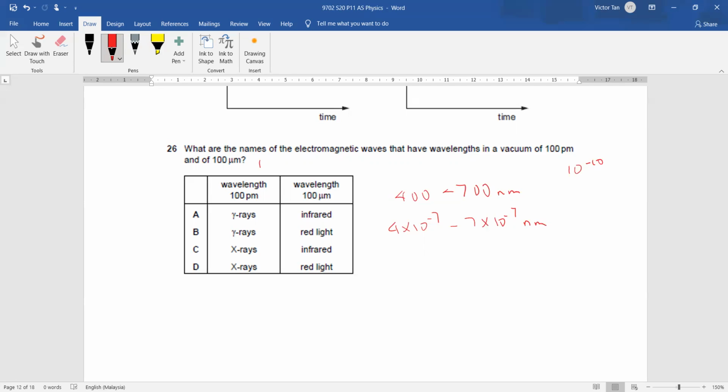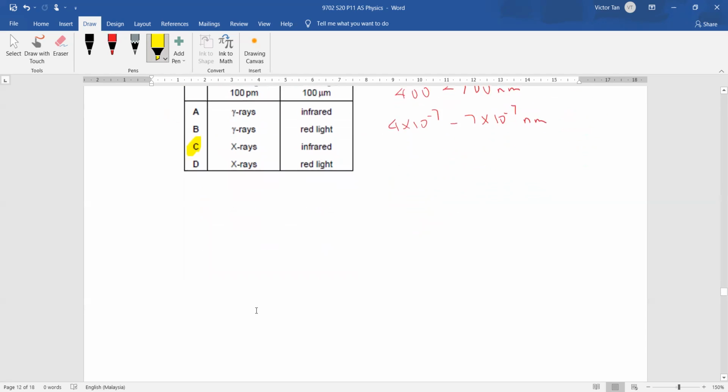Micro is 10 negative 4. 100 micrometer will be infrared. And 10 negative 10 will be X-ray. X-ray is not in the region of gamma yet. Gamma will be 10 to the power negative 12.